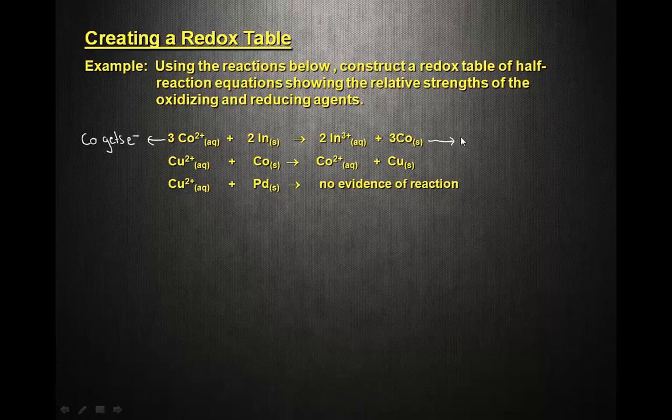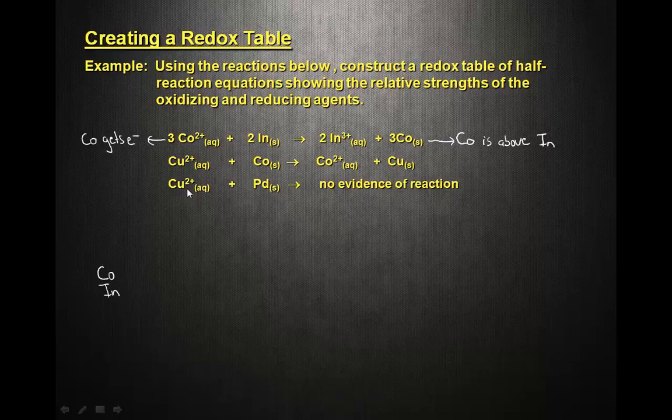So our conclusion here is Cu2+ is above In. And then what I like to do, just off to the side, is do a little sketch: okay, I've said Cu2+ is above In, so over here somewhere I've got Cu2+, and it's going to be above In. So Cu2+ is stronger than In.